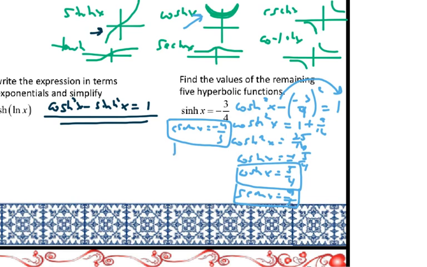We have tanh. So tanh is sinh over cosh, right? So I need to do negative 3/4 over 5/4. And so tanh, we flip that and multiply, and we get negative 3/5.